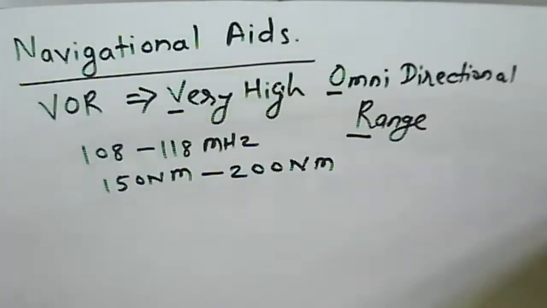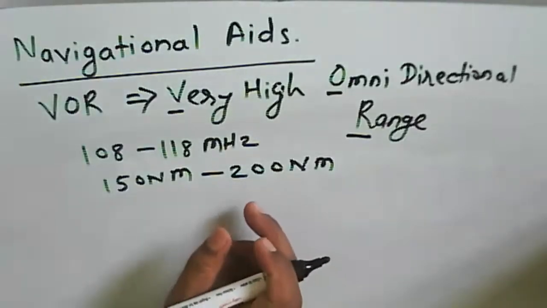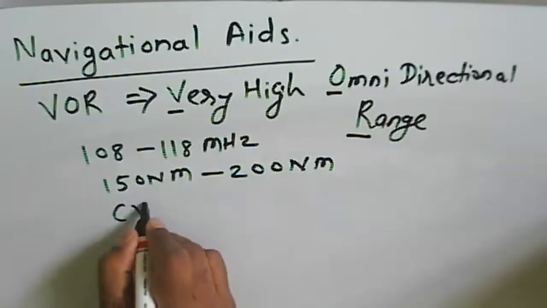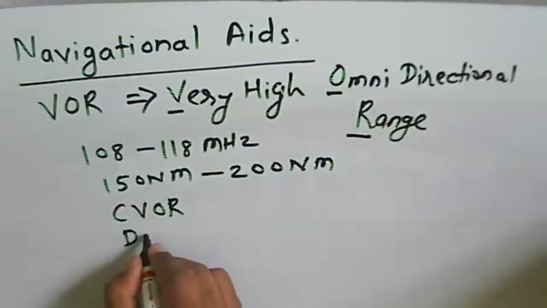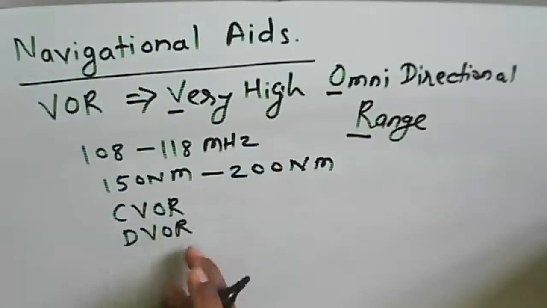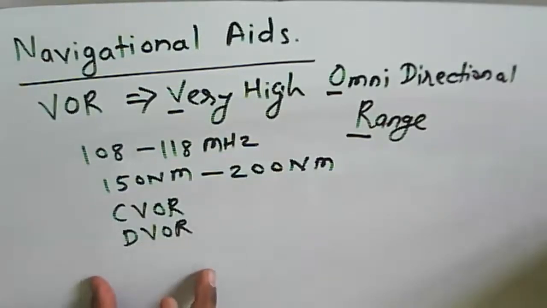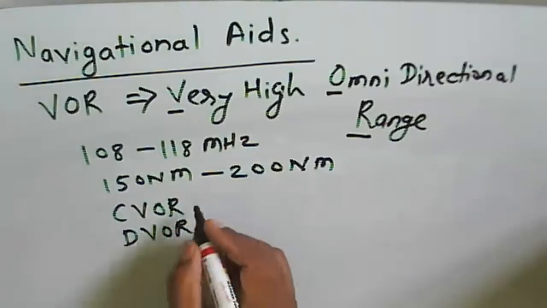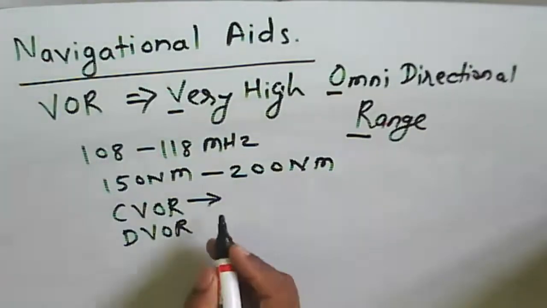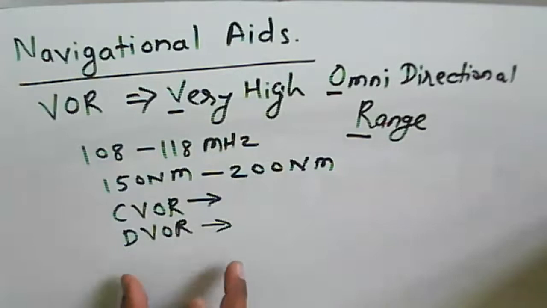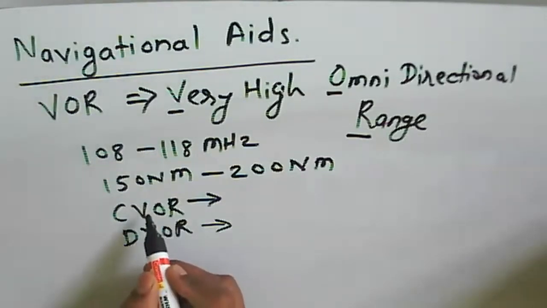Now there are two types of VOR. One is called a conventional VOR and another is called a Doppler VOR. If you consider the CVOR, the conventional VOR, it's just like a common one, but the Doppler VOR is more accurate than the conventional VOR.